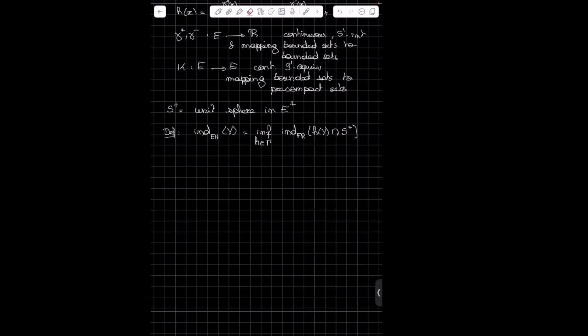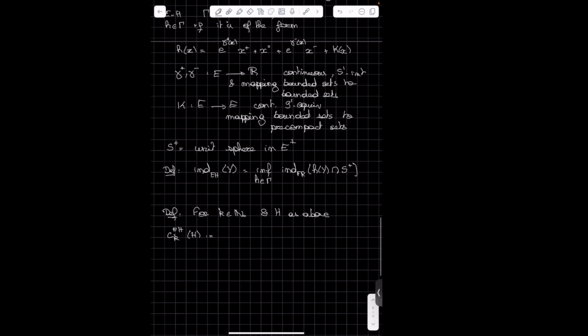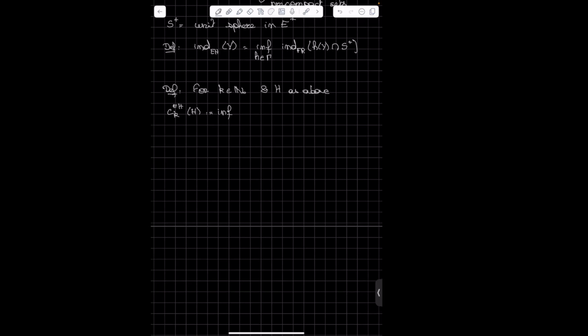Then, definition: for a positive integer k and a Hamiltonian as above, we define the k-th Ekeland-Hofer capacity of that Hamiltonian H to be the infimum of the supremum of AH of Y, such that Y is S1 invariant and the Ekeland-Hofer index of Y is at least k.